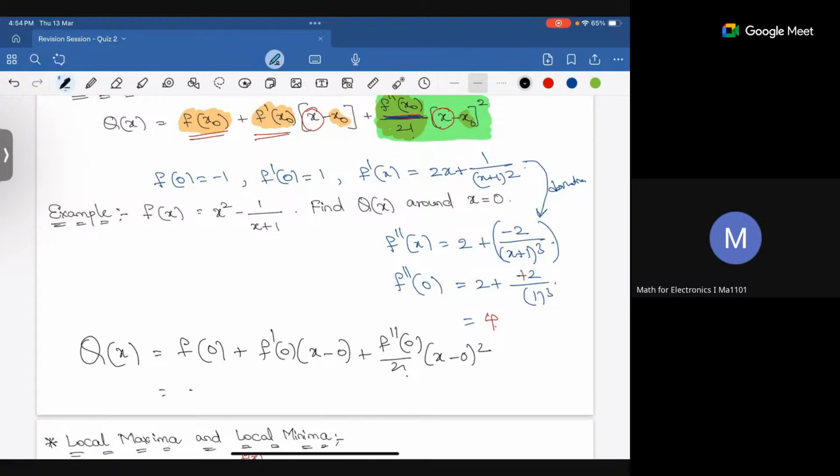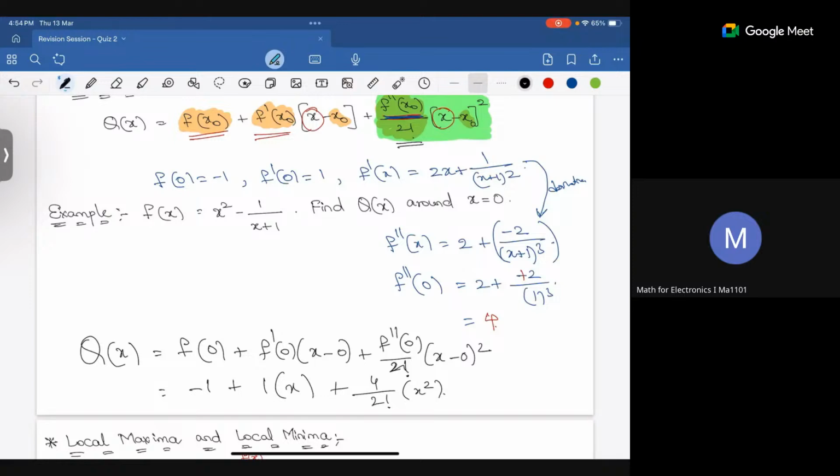Now f of 0 is minus 1 plus 1 times x plus 4 divided by 2 factorial. So don't forget this 2 factorial. If you forget it, then again you will go wrong. This is x square, and this is how the expression looks.